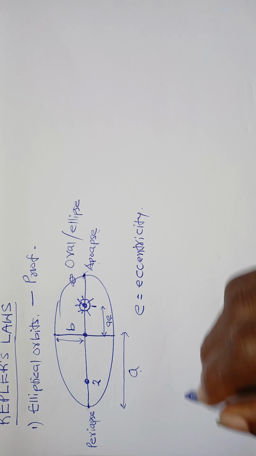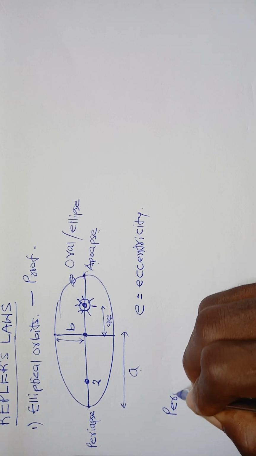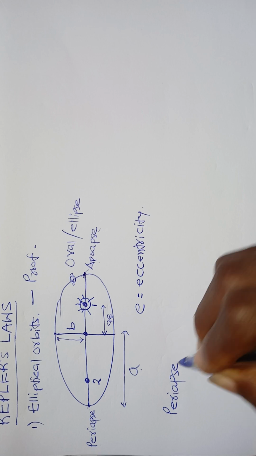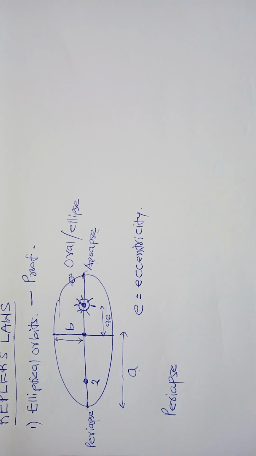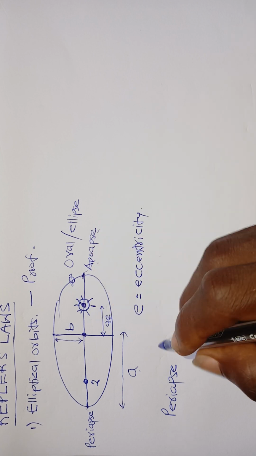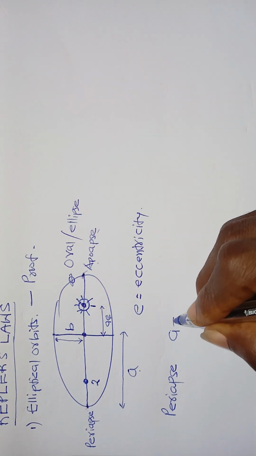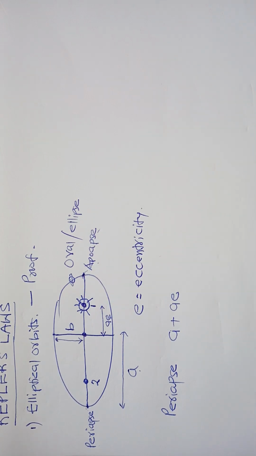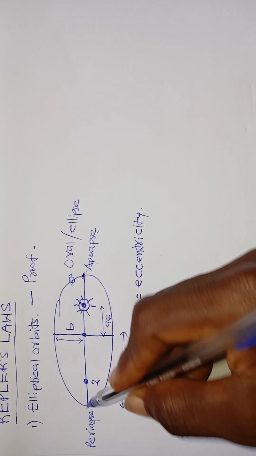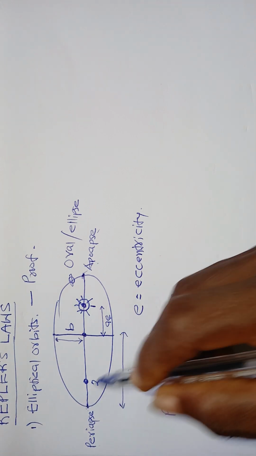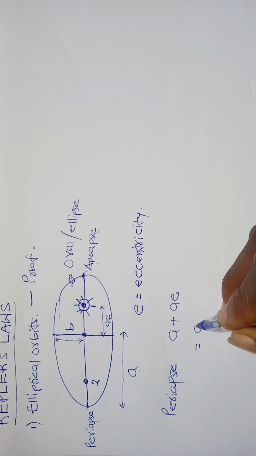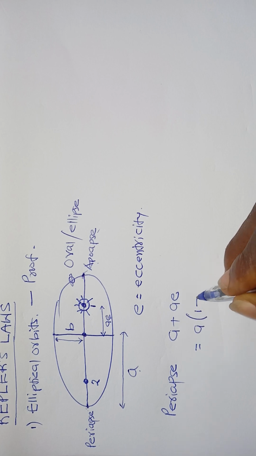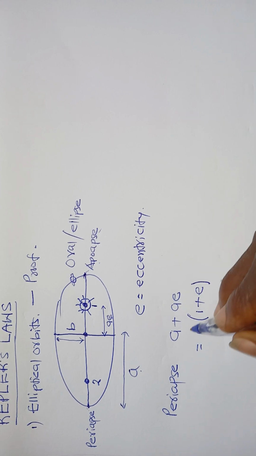So at the periapse, the distance from the focus at which the sun is located will be a plus ae. So the distance from the sun to the periapse will be this distance a plus ae, which is equal to the semi-major axis times 1 plus the eccentricity, if you factorize the semi-major axis out.